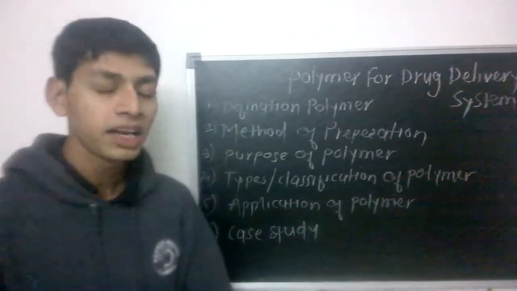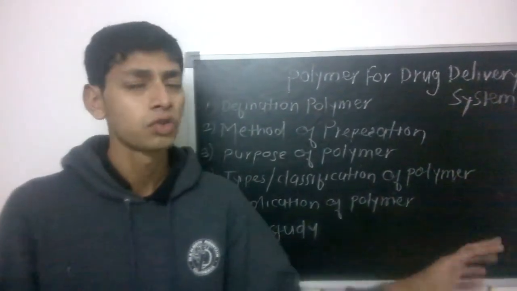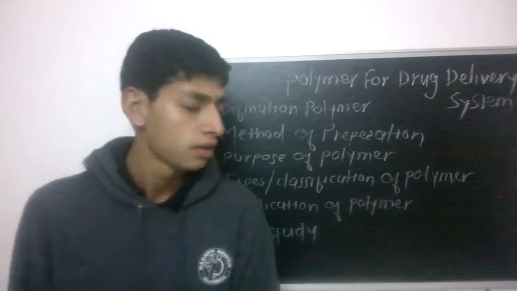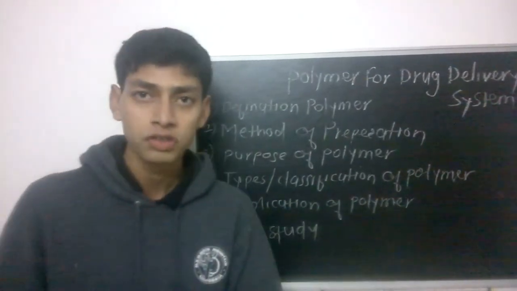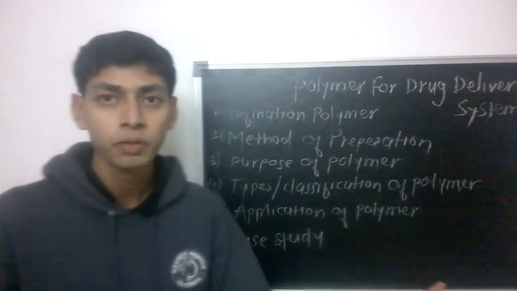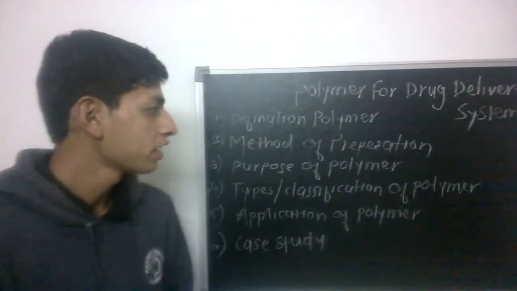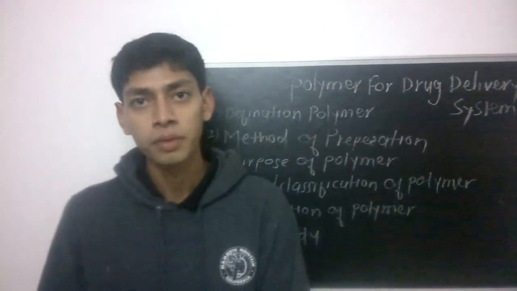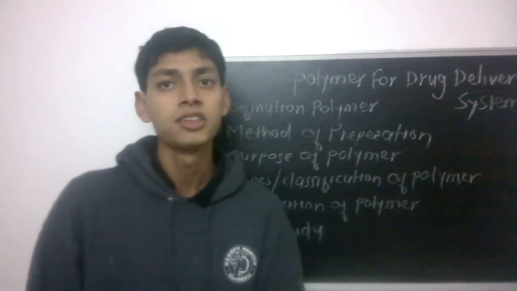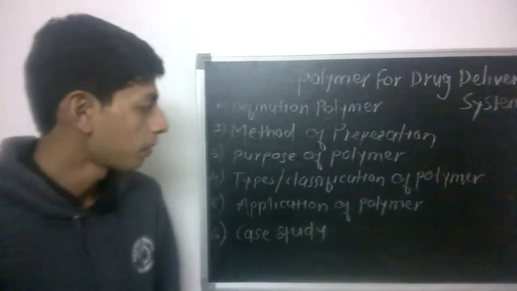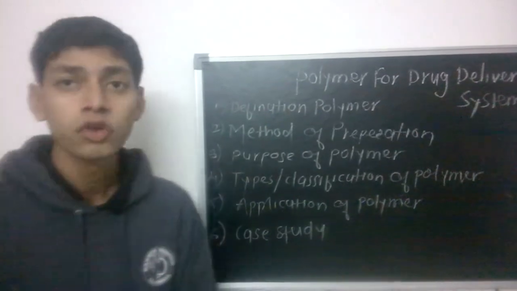Now move towards types and classification of the polymer. There are so many ways to classify the polymer. On the basis of source, we can classify them as natural polymer, semi-synthetic polymer as well as synthetic polymer. On the basis of solubility, polar and non-polar polymers are also available. Apart from that, on the basis of tacticity.